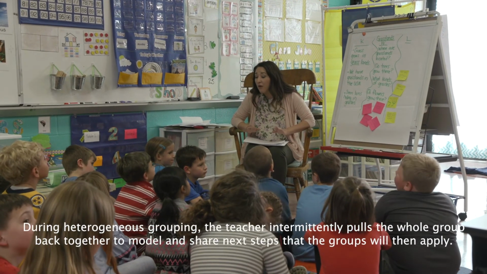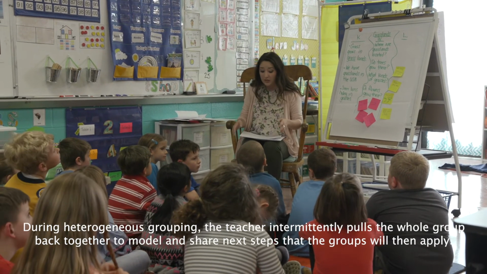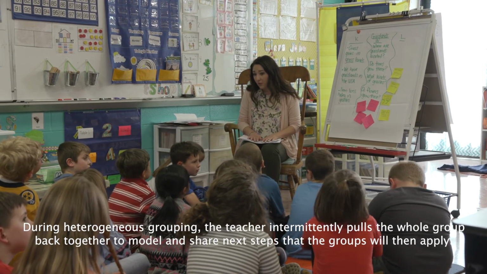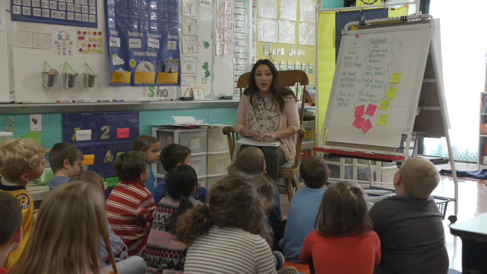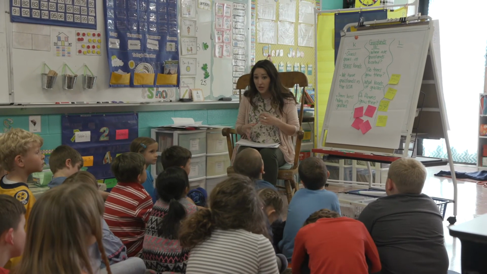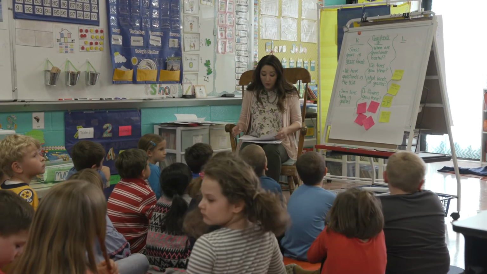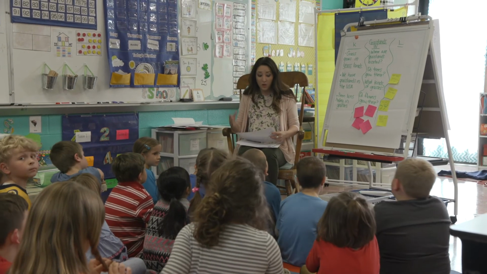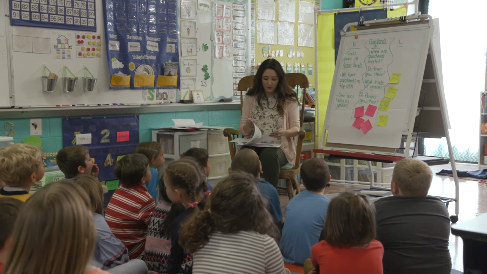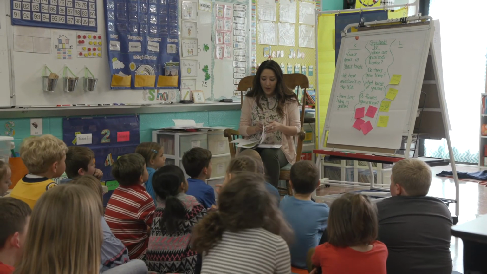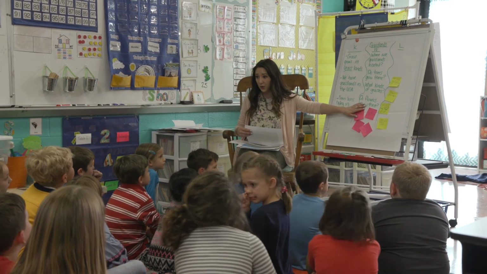Using the facts that you have written on your KWL chart already and some facts that you've learned, you get to pick what photographs are really necessary. Remember how we started sketching what our poster was going to look like? You're going to decide what photographs should go in your poster. For example, I have my grasslands photographs, and I noticed that one of my questions was, do flowers grow there?